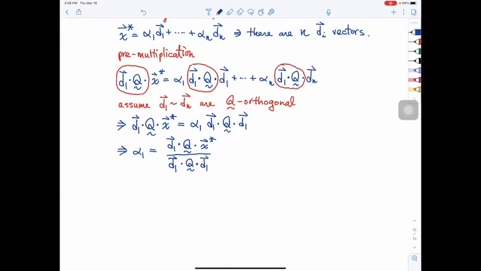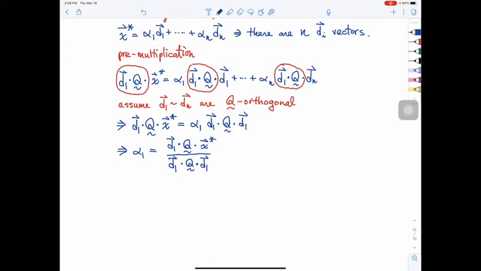If you know d1, if you know Q, and if you know x star, you know alpha 1. It's interesting because before this, we never told you how to determine alpha. Alpha is how much you move along that direction. But now we do, from this assumption, as long as d1 to dn are Q orthogonal. So this is one important equation later on.